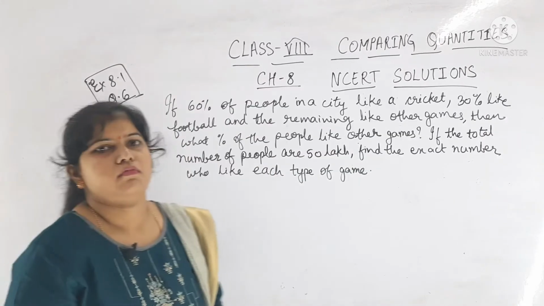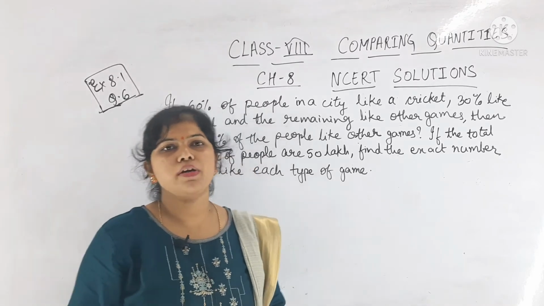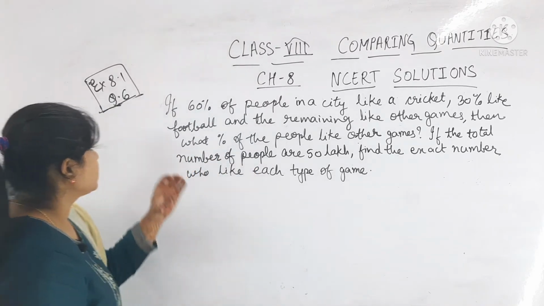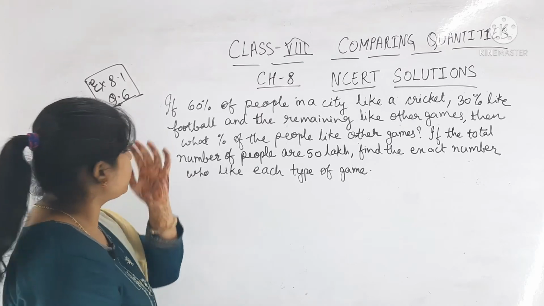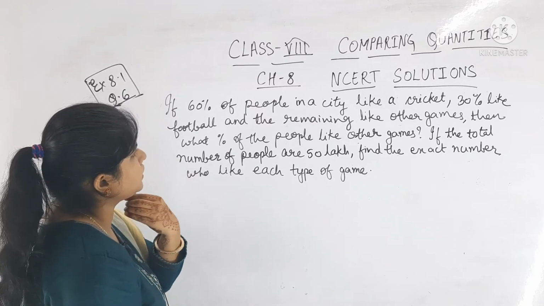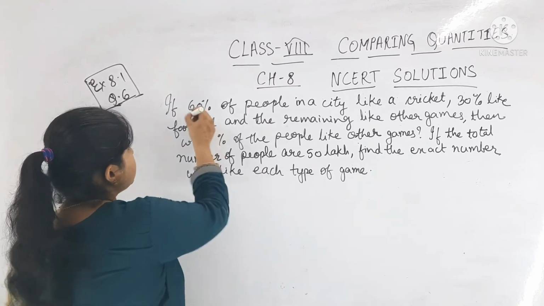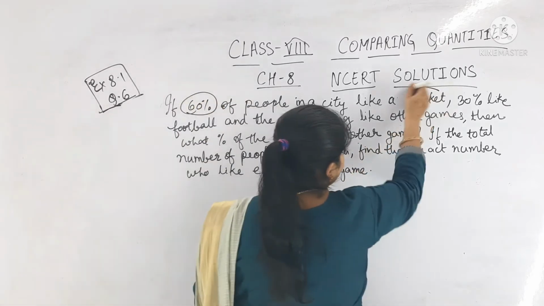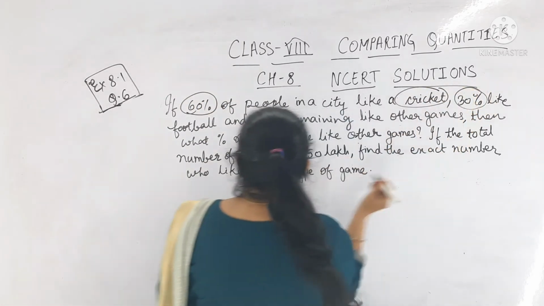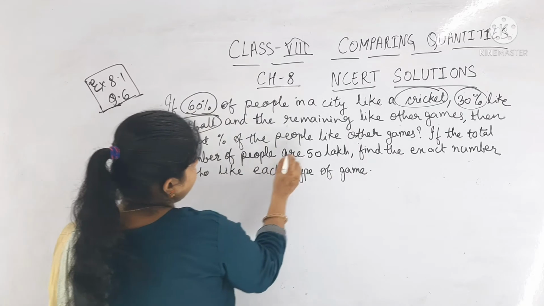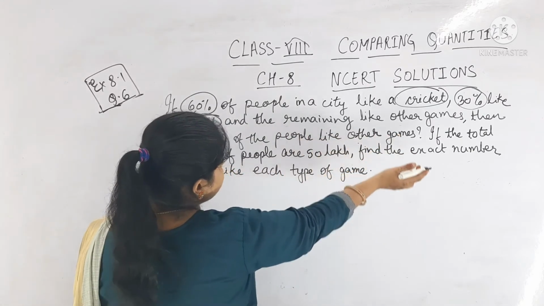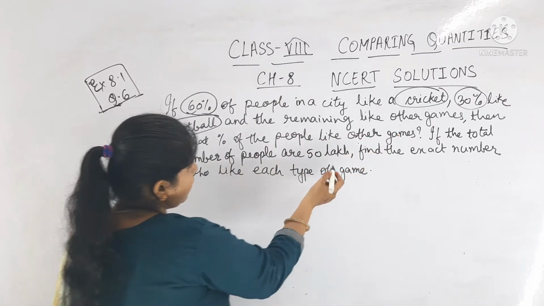Okay students, this is the last question of my video. Here you can see this question. If 60% of people in a city like cricket, 30% like football, and the remaining like other games, then what percent of the people like other games?